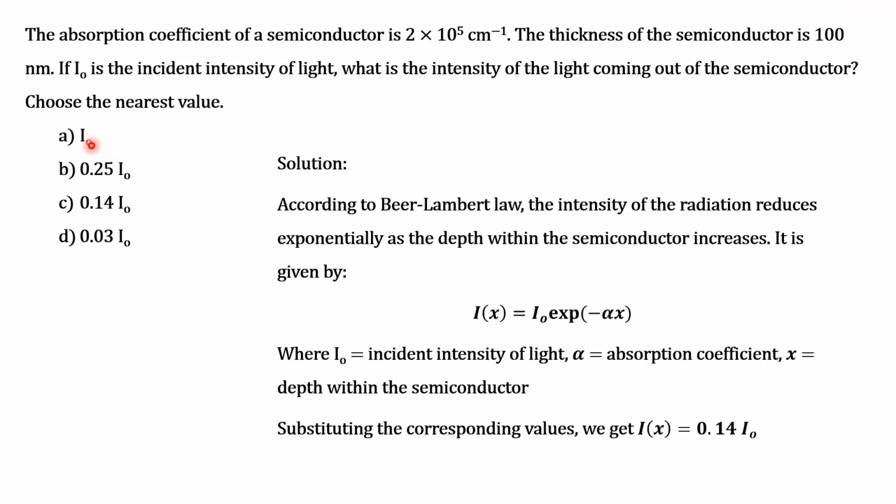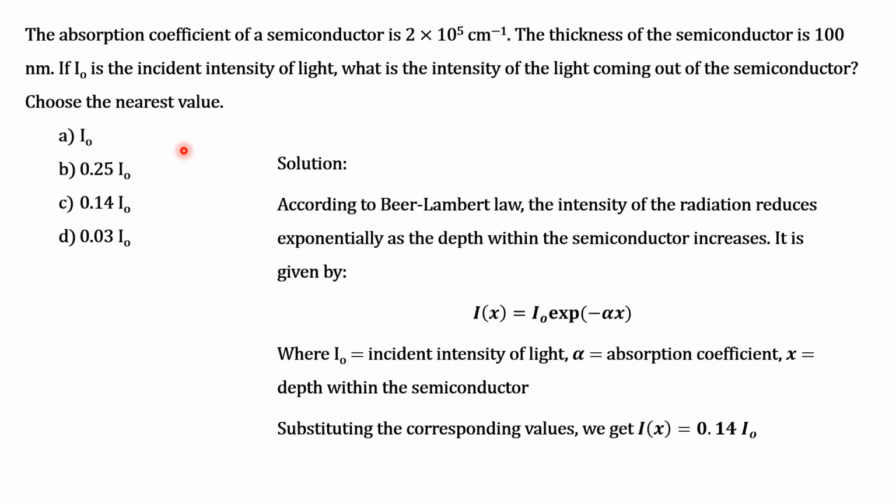So if you are telling that it is I0, then it means I is equal to I0, right? Ma'am, I got 0.136. Yeah, so it would be 0.136, right? So it won't be I0 exactly. It would be option C, 0.14.